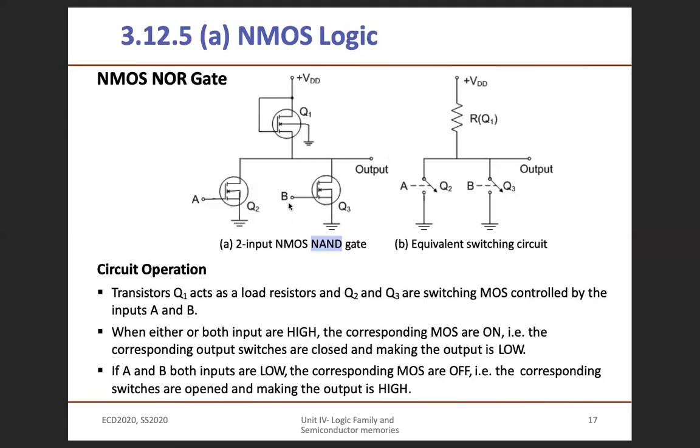When A and B equal 0, both Q2 and Q3 will be open circuits, so the output is 1. Otherwise, you will have 0 output. Either A is 1 or B is 1 or both are 1, your output will be 0. So it is explained over here. This is all about the NMOS NOR gate.